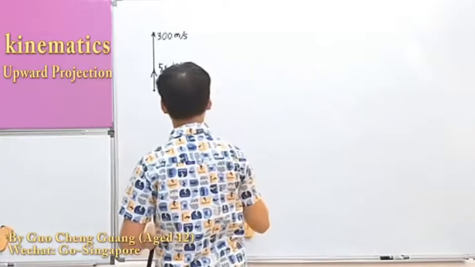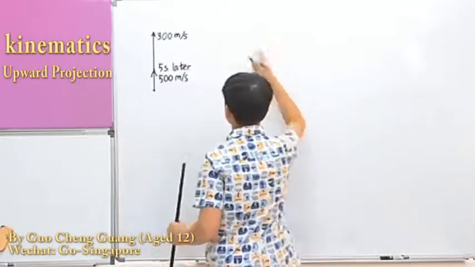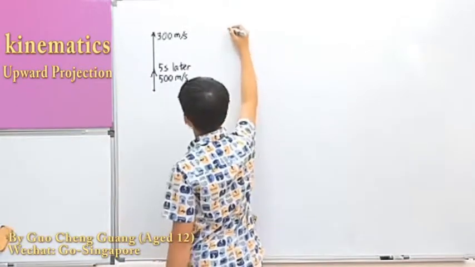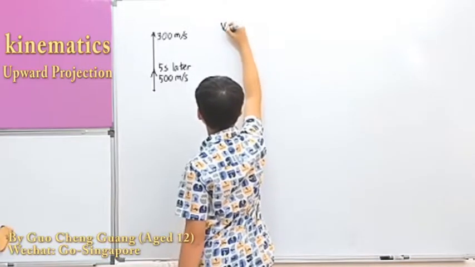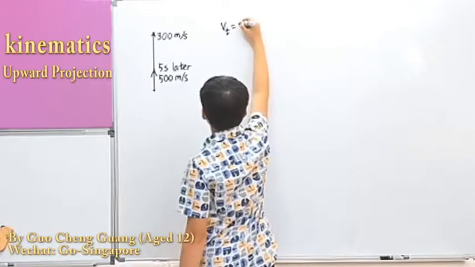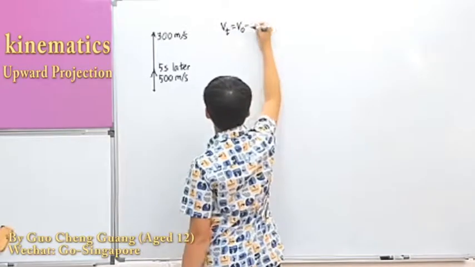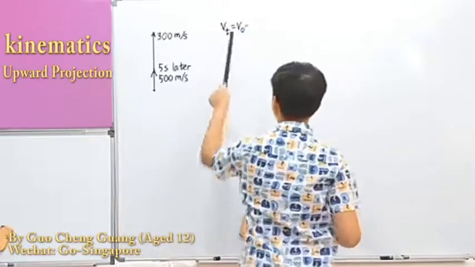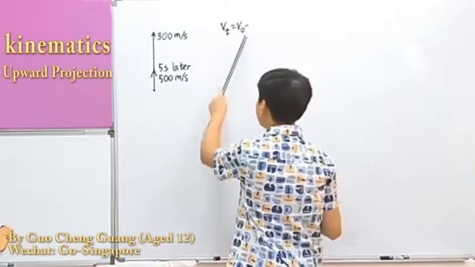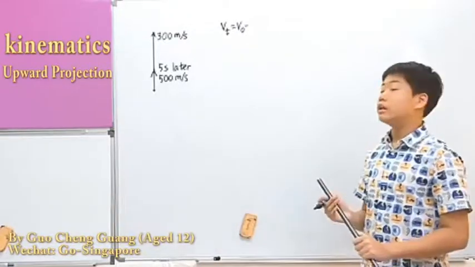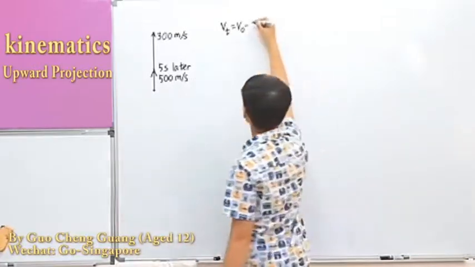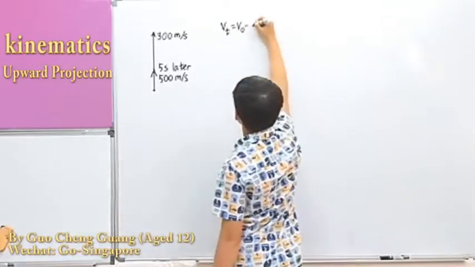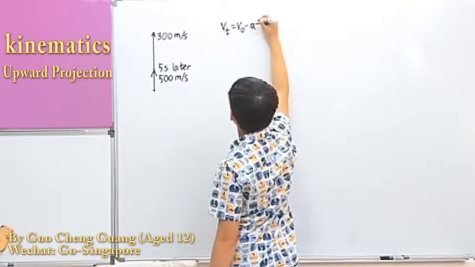Let's think about the 3 formulae that we have. For the first one, Vt is the terminal velocity, and Vo is the initial velocity. Then you have to subtract, as this part is At.